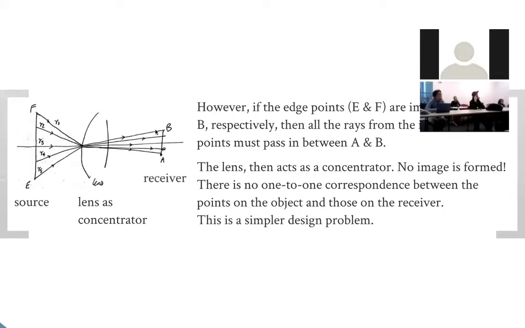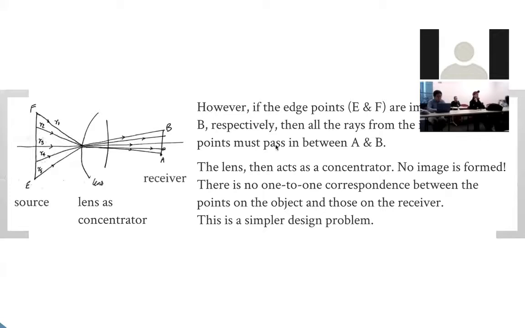Of course, in the diagram I've drawn, it's a demagnification, but you can imagine that I have concentrated. I've taken energy from a large source like here and sent it to a small receiver here. So I have concentrated light, but no image is formed. There is no one-to-one correspondence between the points on the object and those on the receiver.